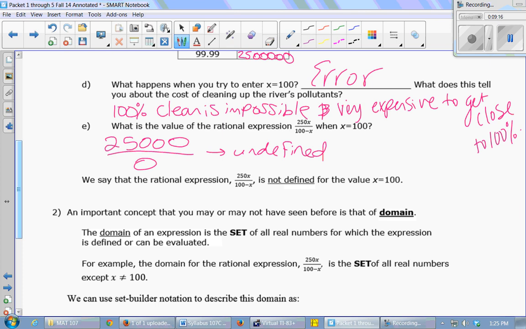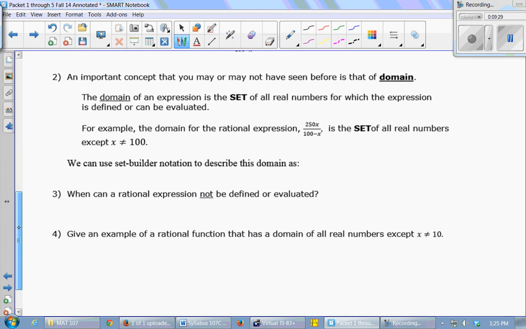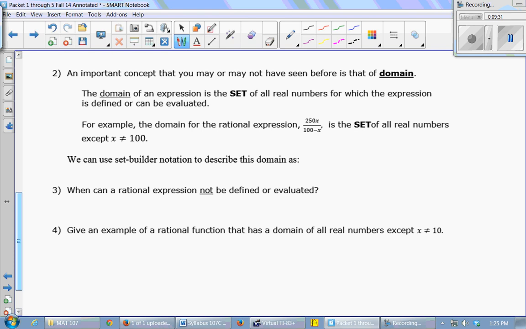So what we say about this rational expression is that it is not defined for the value x equals 100. Try to put 100 in there and you get an undefined expression. Okay, so an important concept that you may or may not have seen before is that of domain.